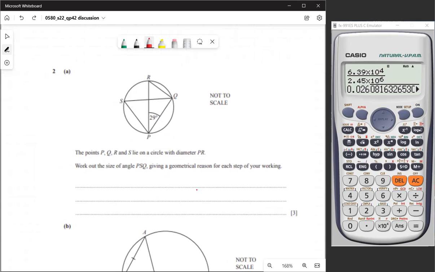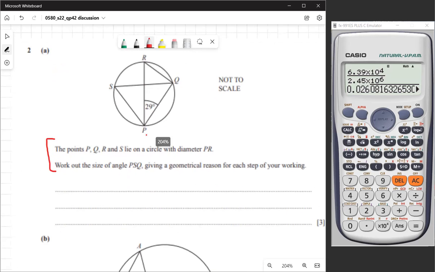Okay. Now read the question. Points P, Q, R, and S lie on a circle with diameter PR. Work out the size of angle PSQ, giving a geometrical reason for each step of your work. All right, how do we solve this one?